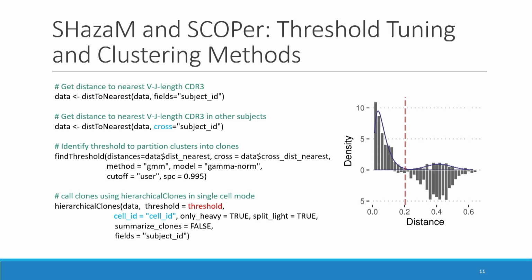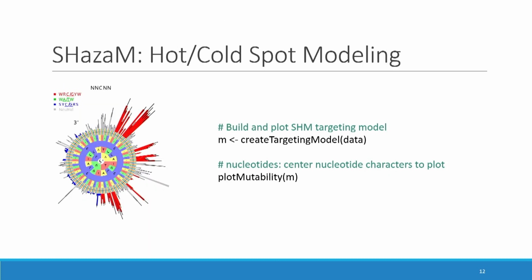It's common, for example, to look at CDR3 regions and use some method of similarity to partition into clones, for example, 90% nucleotide similarity in the CDR3s. But what exactly that threshold should be can depend on the dataset. So we support methods like analyzing the distance to nearest graph, which you see on the right, for identifying on a project-by-project basis what the appropriate thresholds ought to be.